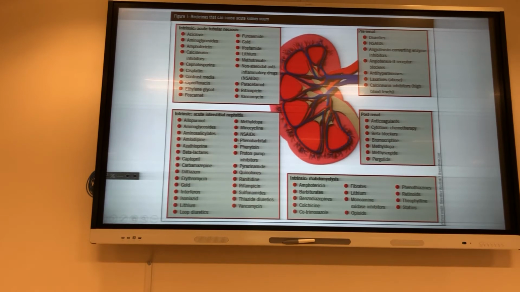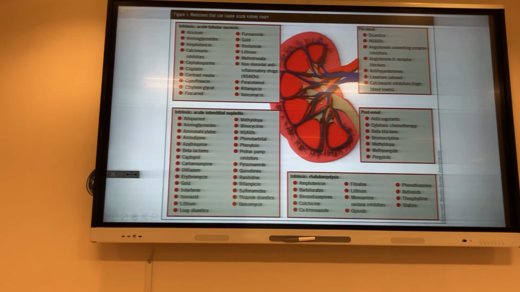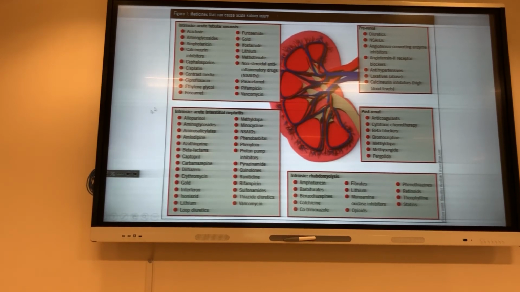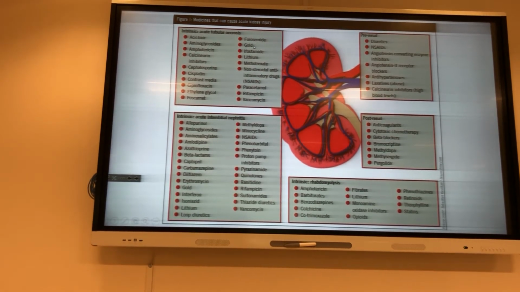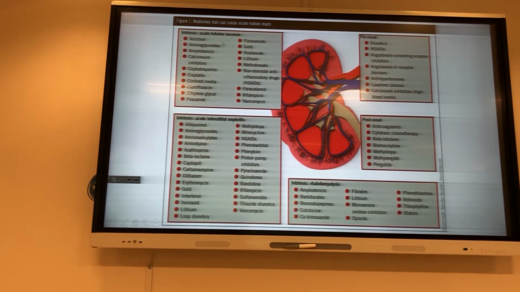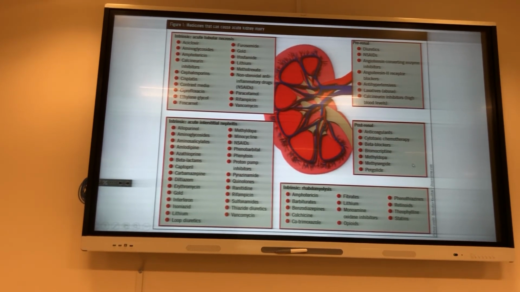So this is the list of all the drugs that affect the kidney in different ways. Do you have to memorize it? You have to memorize all of that for the exam. You have drugs that can cause acute tubular necrosis, acute interstitial nephritis, and pre-renal injury.